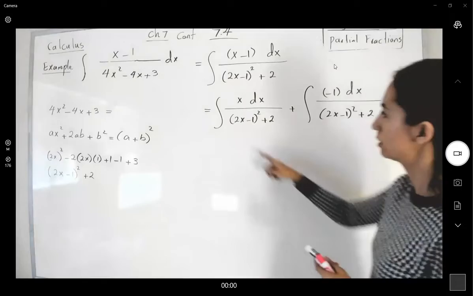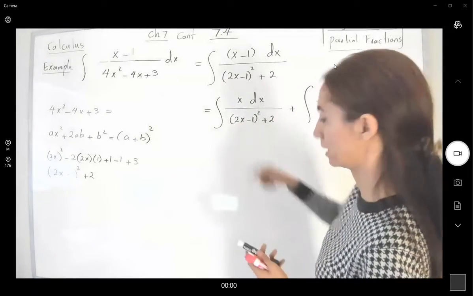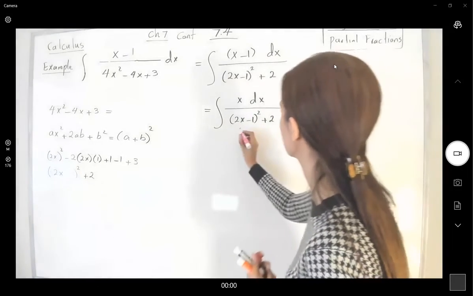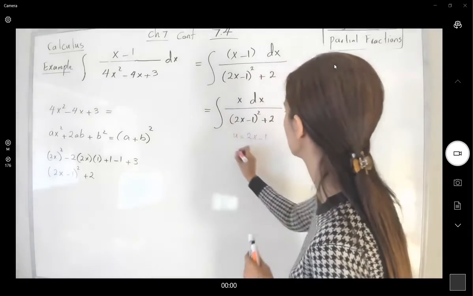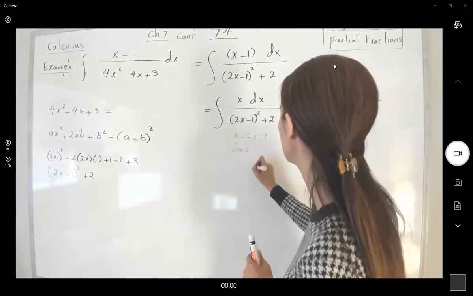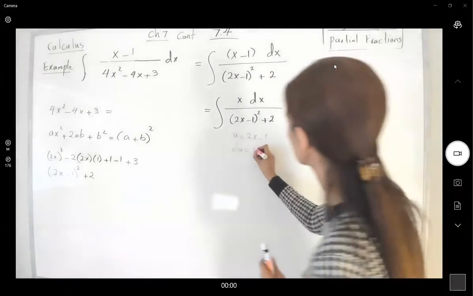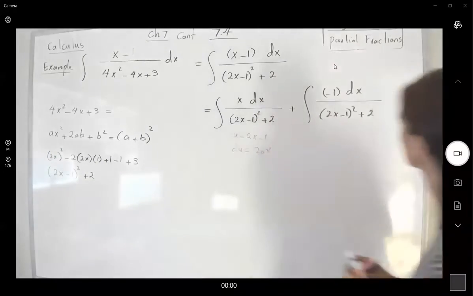Here we can say u is 2x minus 1 in the first integral, and du is 2 dx.